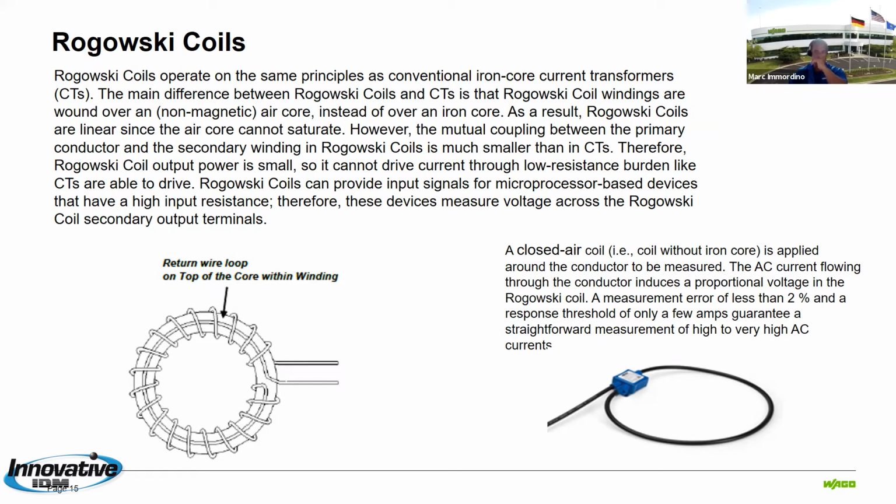These devices measure the voltage across the Rogowski coil secondary output terminals. And the nice thing about Rogowski coils is this: if you install a solid core CT on the front end, great. But if you have to do it in the field once the system's up and running, you typically want to use some kind of split core, because with a solid core you would have to remove the conductors, install the CT, and then reinstall the conductor again.